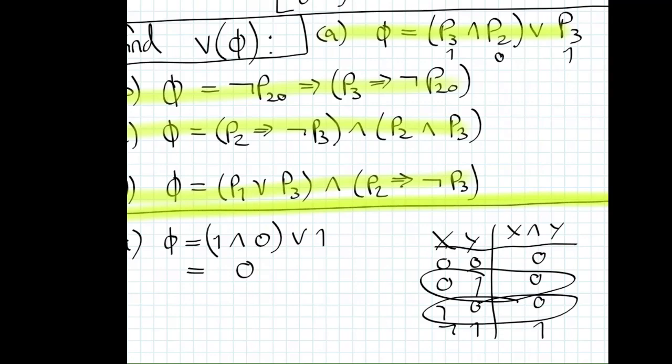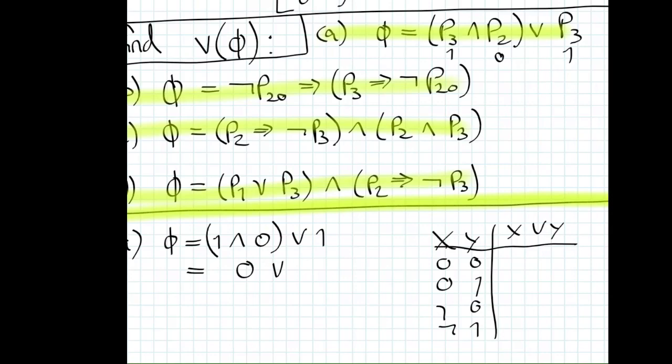But then we have a disjunction, so we simply reuse this area here, and we do the disjunction. Just as a reminder, the disjunction requires any of them to be at least 1, so all of them are 1.